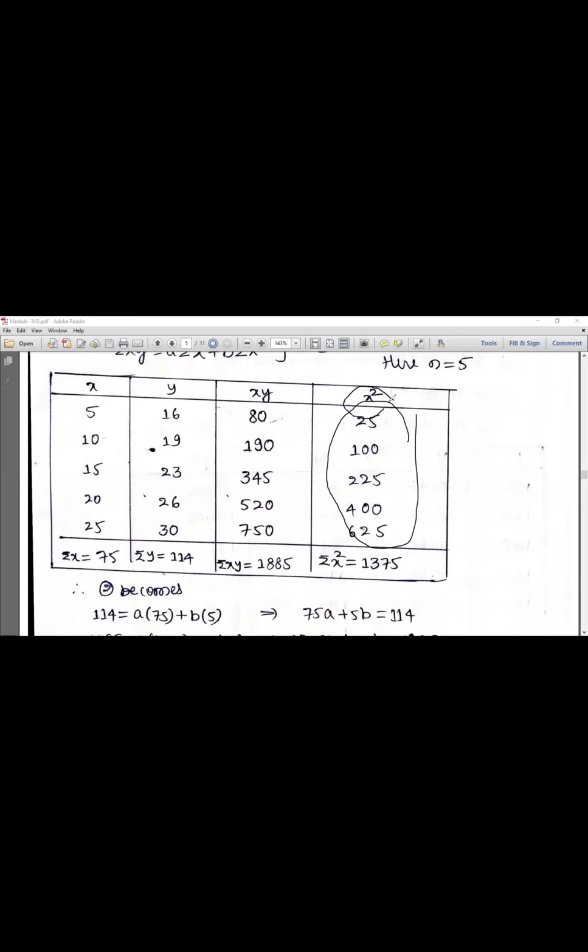That is the summation of x square. So we have summation of xy, summation of y, summation of x, summation of x square.